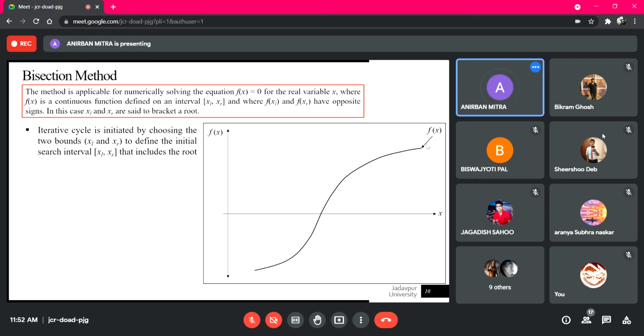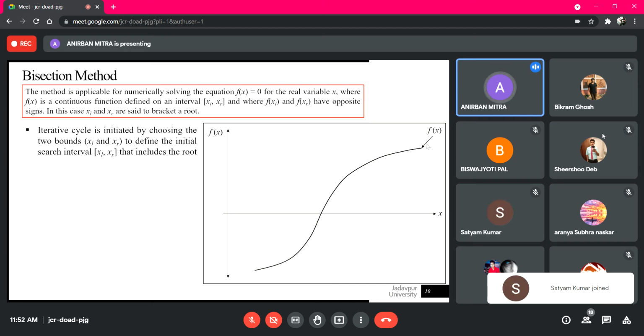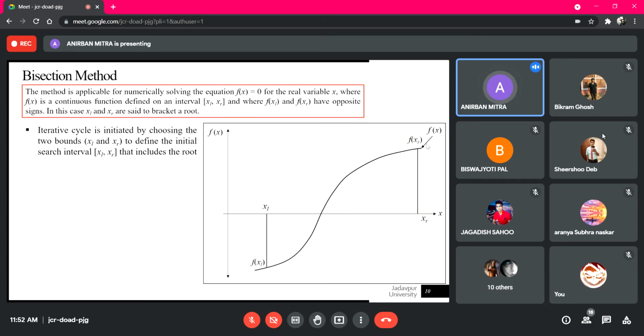So this gives us the initial search interval bounded by xl on the left hand side and xr on the right hand side. So you have the xl and xr as shown in this graph. The functional values, of course, are also written over there.